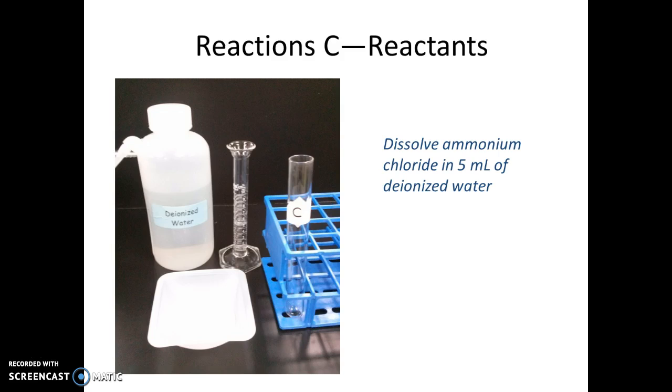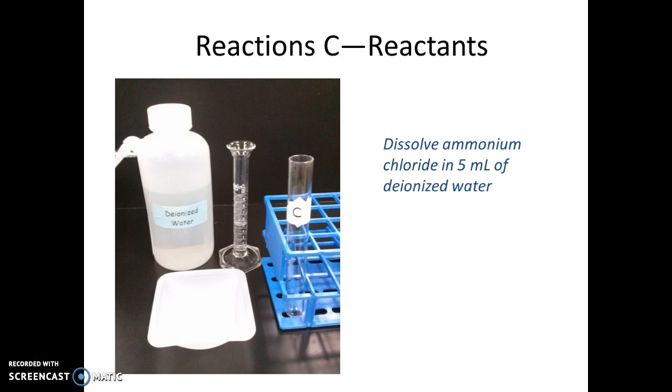Measure out 5 milliliters of deionized water in a small glass graduated cylinder. Add the solid ammonium chloride into your labeled test tube, and then add the 5 milliliters of deionized water to dissolve the solid. Use a glass stir rod from your drawer to mix that up so that all of the solid dissolves.